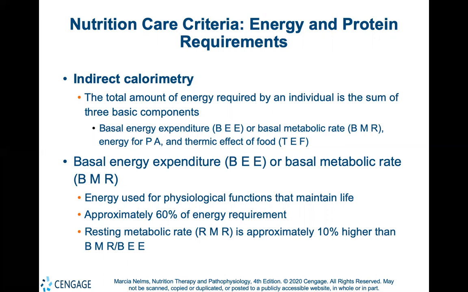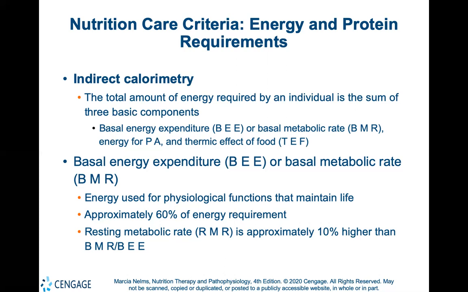Basal energy expenditure is defined as energy used for physiological function that maintains life, such as respiration and heartbeat, and accounts for approximately 60% of an individual's energy requirement. BEE is assessed by measuring the oxygen consumed by an individual who has gone without food for at least 12 hours and has been lying down with little movement in a constant temperature environment overnight.